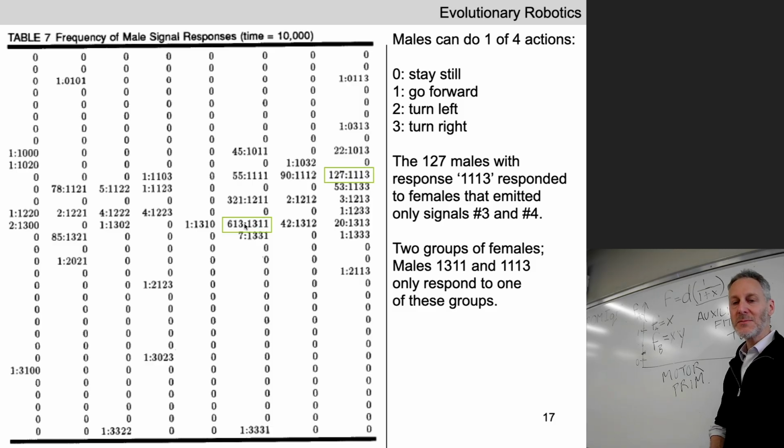What happens if these males enter the territory of females that only sing songs 3 and 4? What do those males do by definition? There's an opportunity here. For whom?